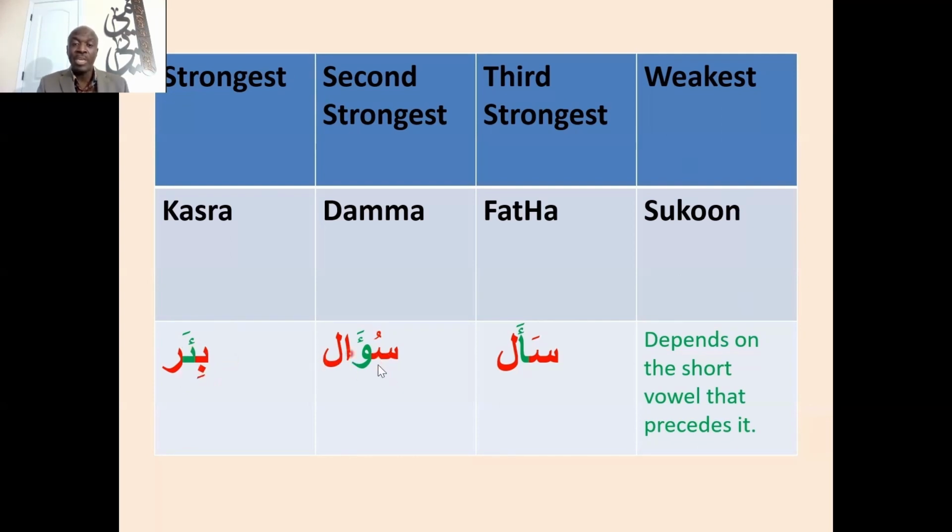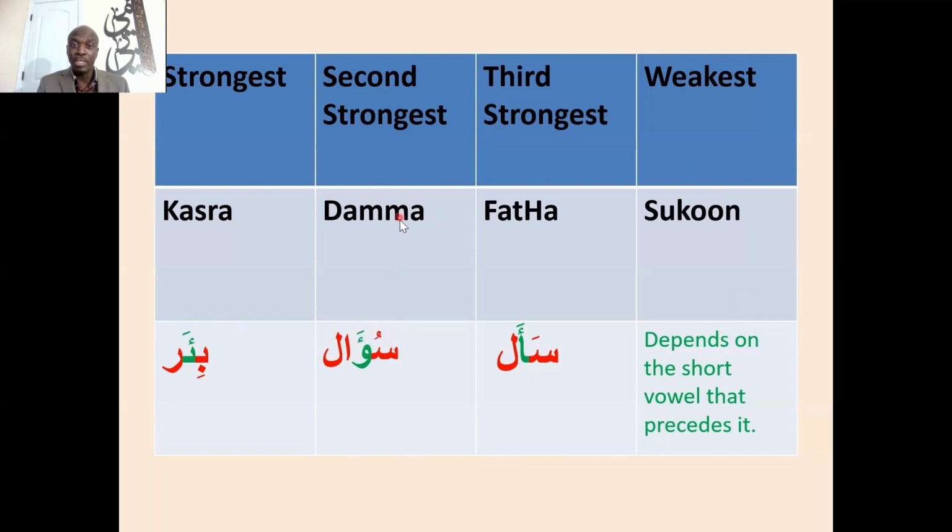And also see here how we determine the proper seating for the Hamza. So we have our Hamza here, and we have the letter that precedes the Hamza. All we care about is these two, the Hamza and the letter that precedes it. So this one is the letter Sin. The Sin has the Dhamma, and the Hamza has the Fatha.